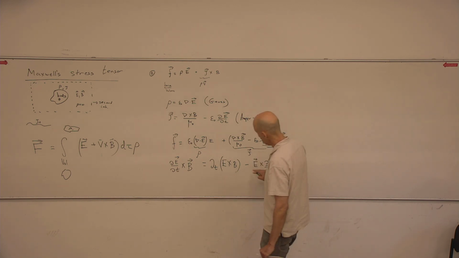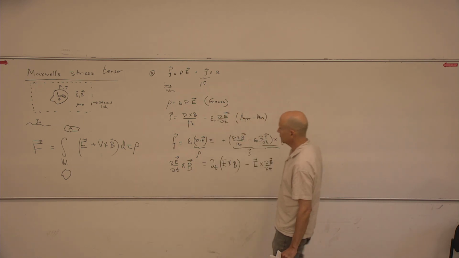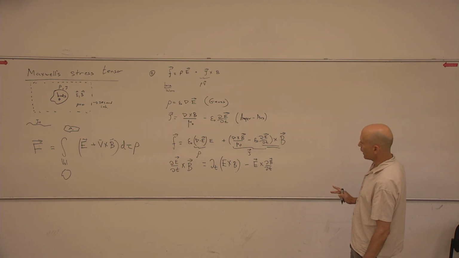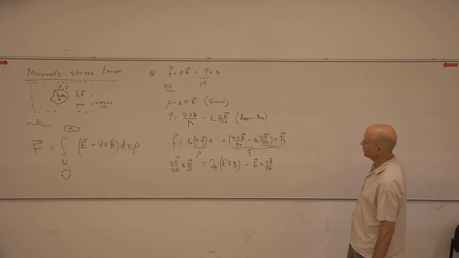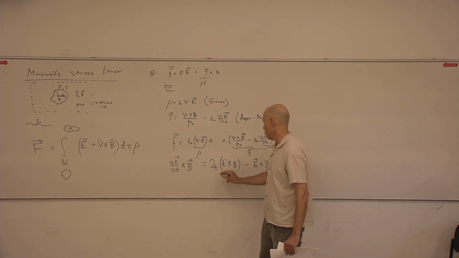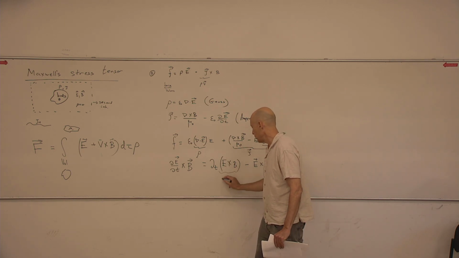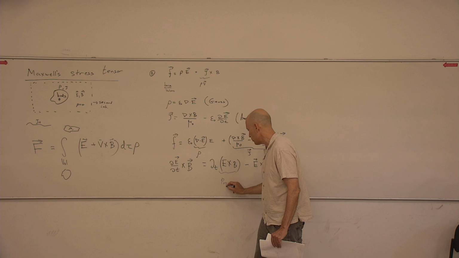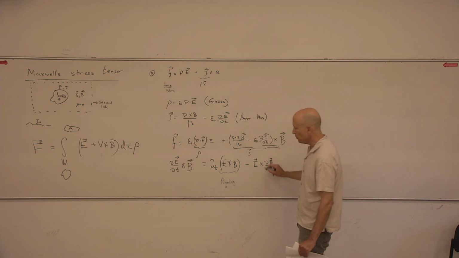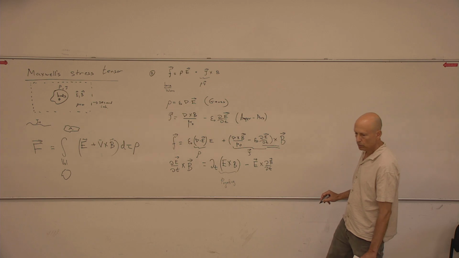Usually this guy is on the other side of the equation. Now I'm very happy. Why am I happy? Because if I know Maxwell, because I taught you, what is this E cross B? Up to a constant, this is the Poynting vector. That is maybe interesting, maybe not. And what is dB/dt related to?